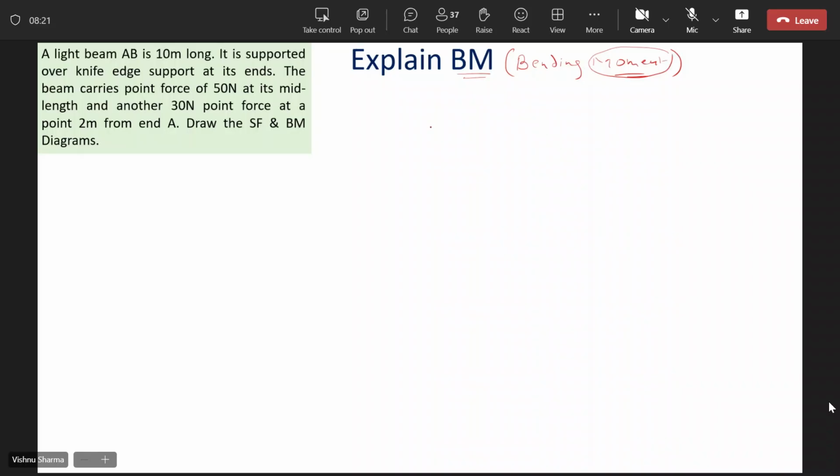So I'll make the diagram again, which we did yesterday. It was a light beam AB, 10 meters in length, supported over knife edge supports at the two ends, carrying a point force of 50 newtons at mid length and another 30 newtons 2 meters from end A. This distance was 2 meters, this distance was 3 meters, this distance was 5 meters.